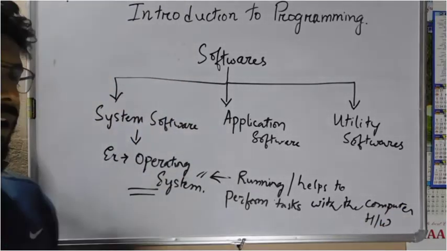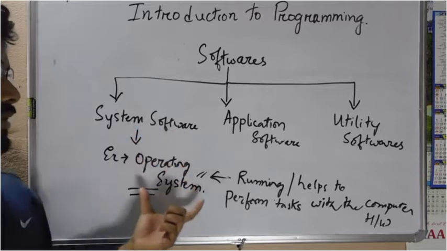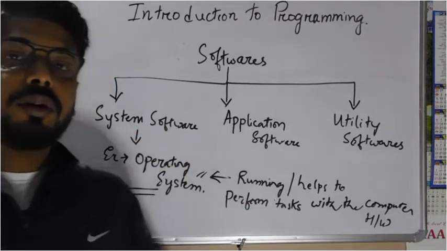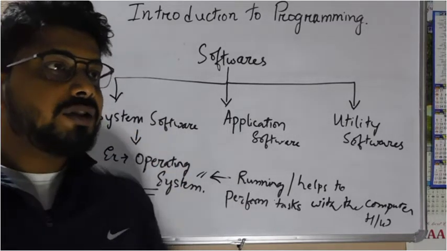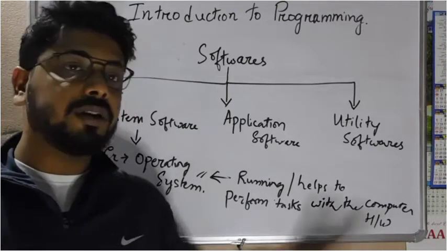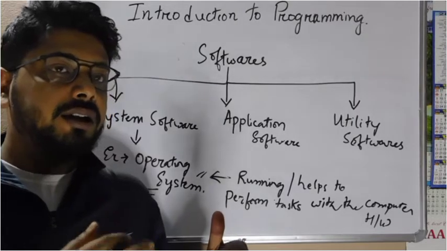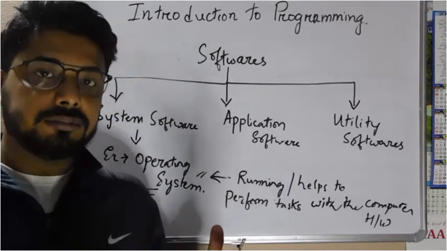Operating system is such a system that helps you initiate the computer's hardware and perform various tasks with the help of the computer's hardware. It is a kind of connecting link that helps you connect the hardware and the user.